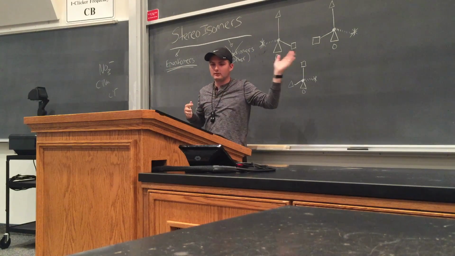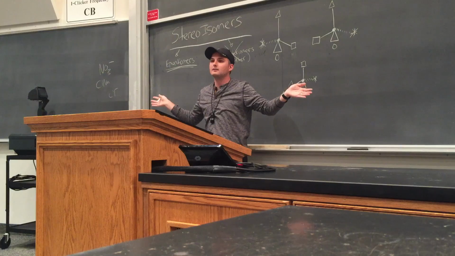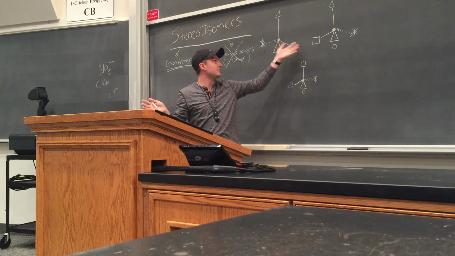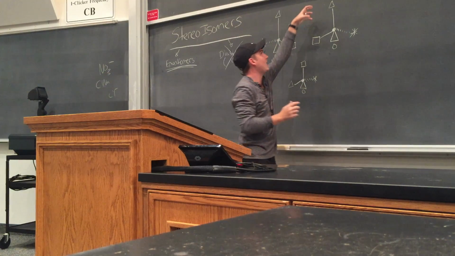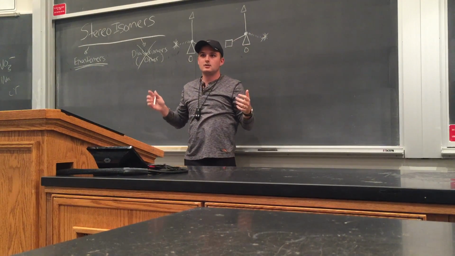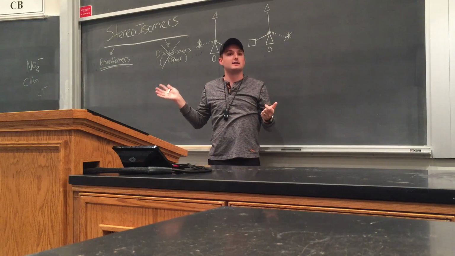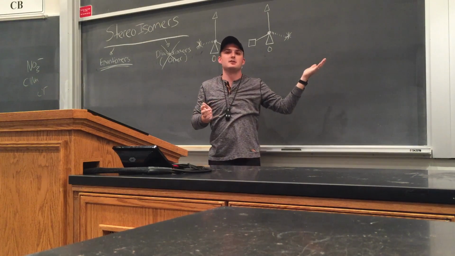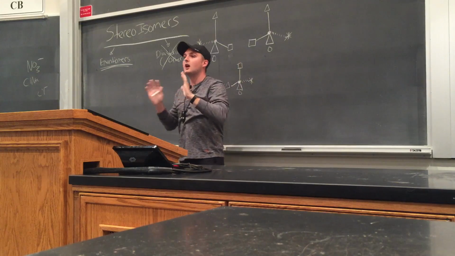So if I am the circle, left is the square, right is the star. Okay. Because they look pretty similar when you just draw them up here. So if I go back over to here and I hold it from the top, and I become the circle again, to the right is the square now instead of the star, and to the left is the star. So these two are not the same compound.